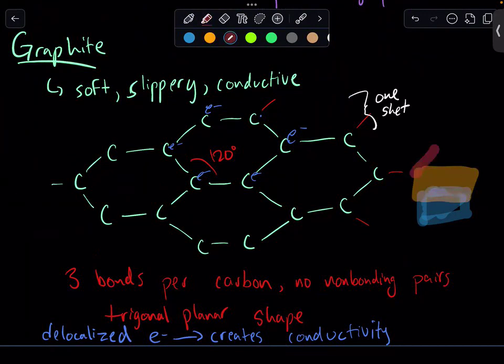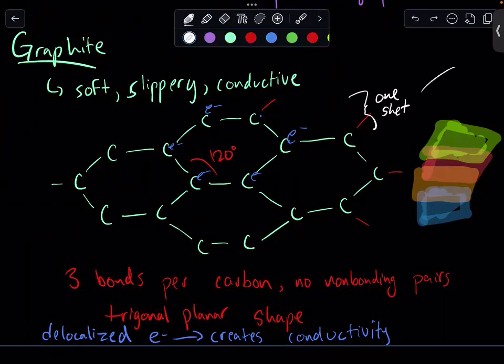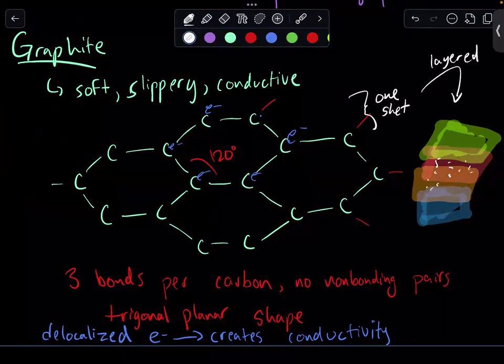Layered on top of that, we have another sheet, and so on, so forth. So these sheets layer. And they're attracted to each other via these weak forces that we'll discuss in a moment. But this is what creates the brittleness.